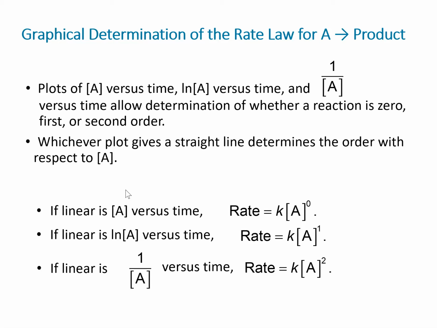If you plot the natural log transform of the concentration of reactant A versus time and it's linear, it's first order. And if you do the inverse of the concentration of reactant A versus time, and it's linear, it's second order. And that is it for the first lecture.